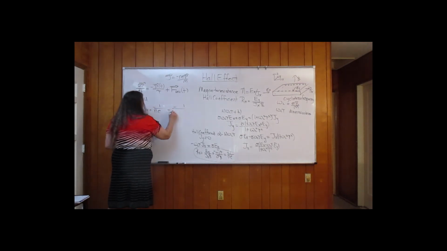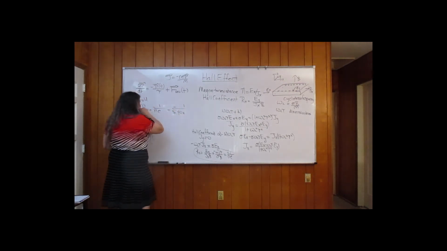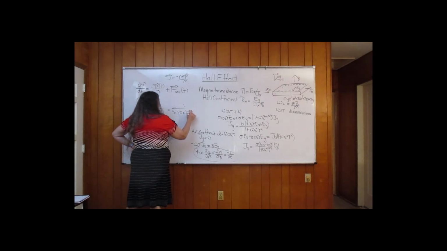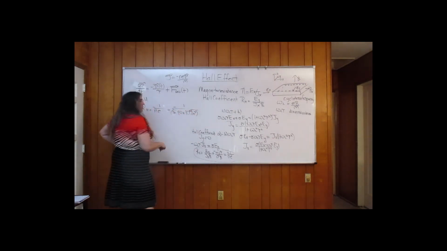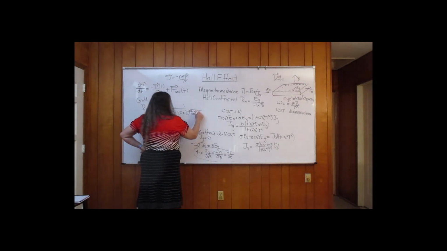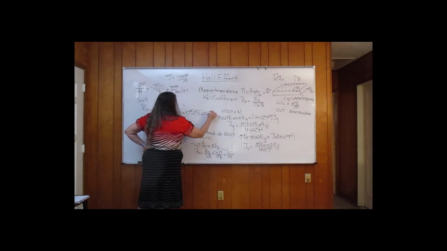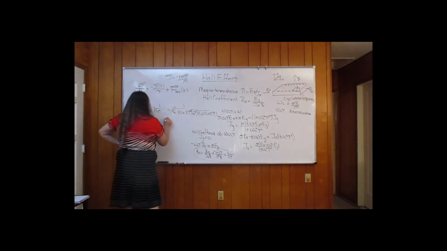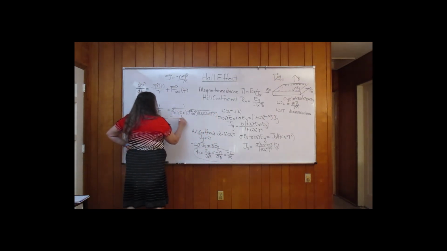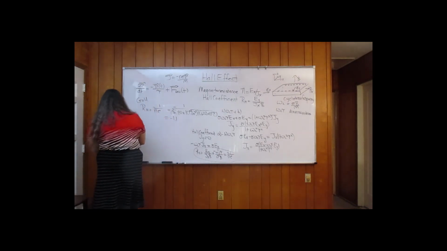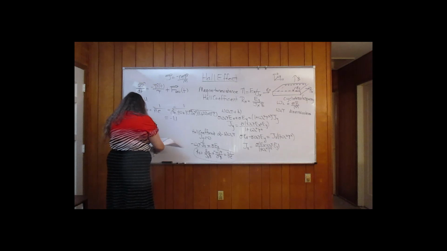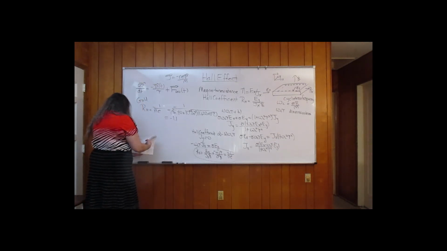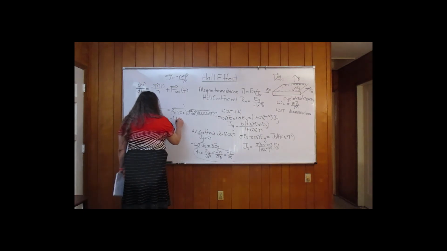That number was 5.9 times 10 to the 28th conduction electrons per cubic meter, and the electron charge is 1.602 times 10 to the minus 19th coulombs. Do the math here. This is minus 1.1 times 10 to the minus 10th cubic meters per coulomb.